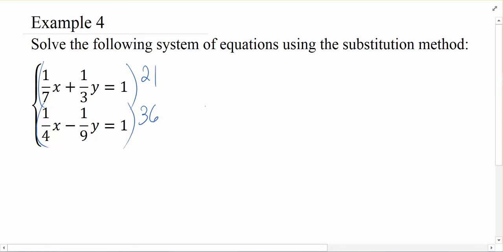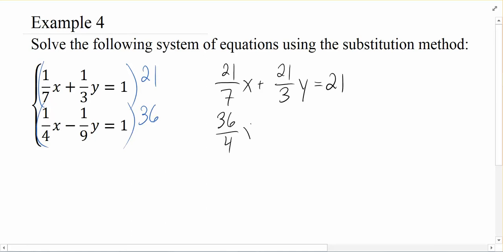That's going to get us, let me go ahead and write it off to the side. It's not normally good math, but it's going to help save some room. We're going to multiply 21 by each term in that equation. For the second one, we're going to multiply by 36 in each term.